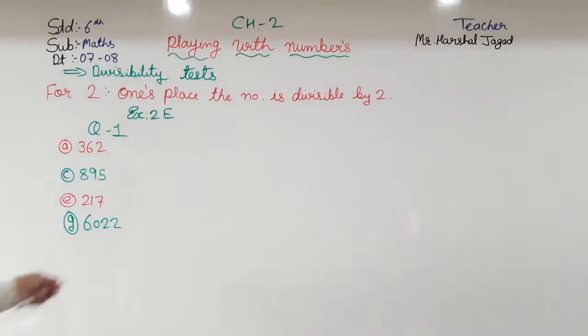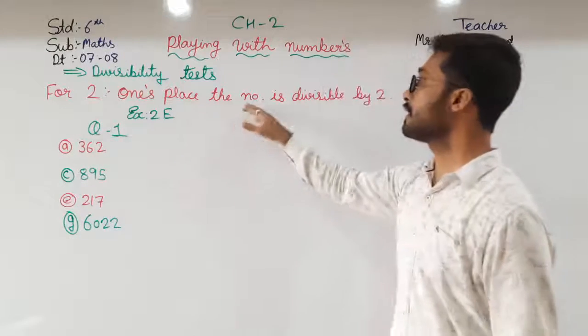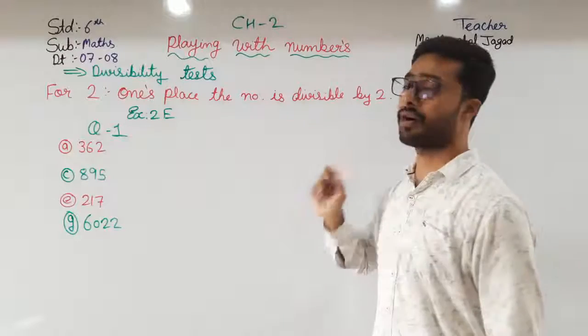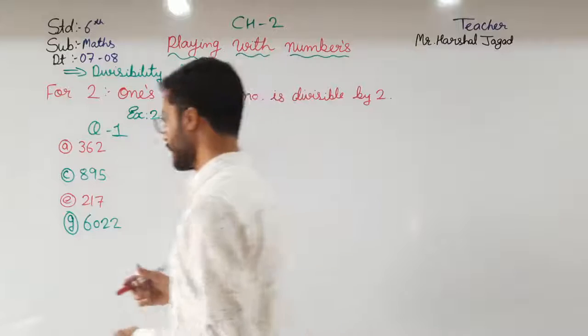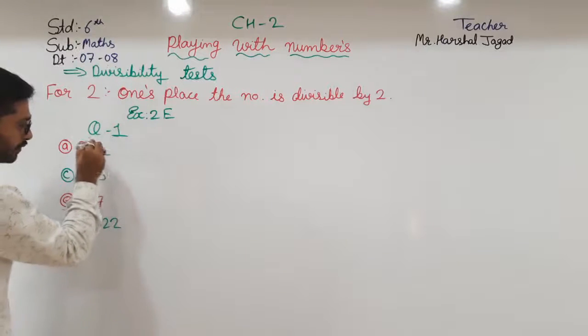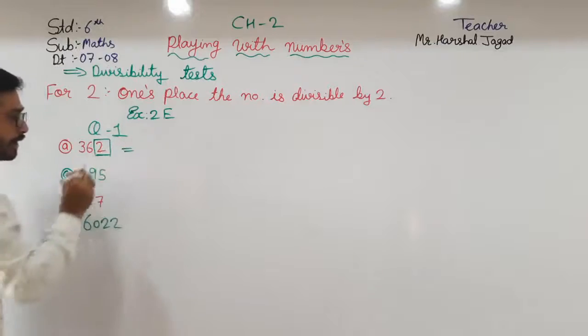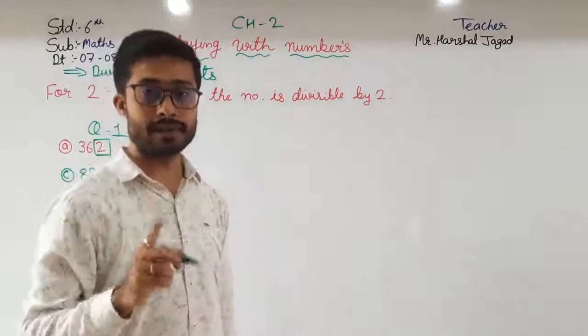Here we just have to check whether the ones place digit is divisible by 2 or not. First of all, taking number A, here it is 2. You can say that 2 is divisible by 2, that is 2 ones are 2.